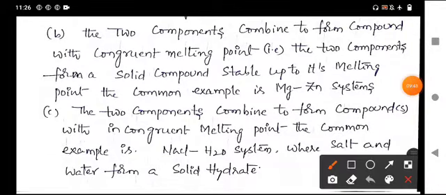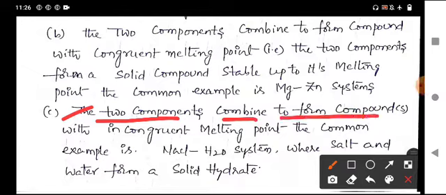Next one: the two components combine to form a compound or compounds with incongruent melting point. That means the two components form a solid compound, which dissolves or liquefies before its melting point.